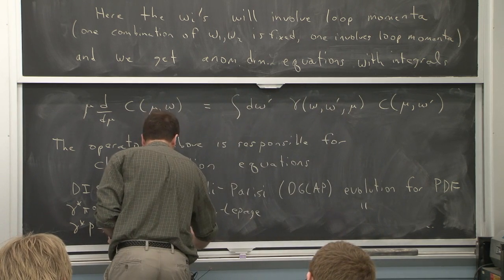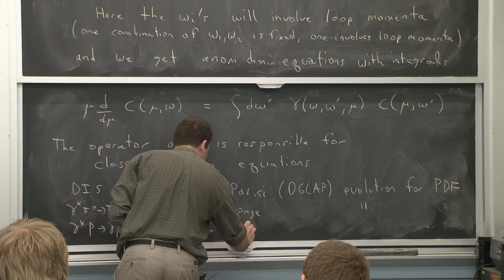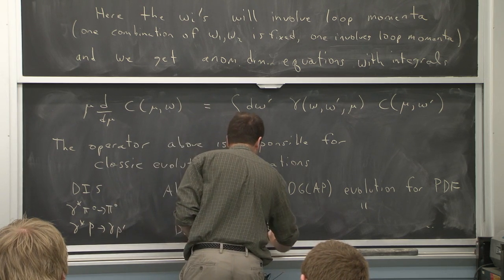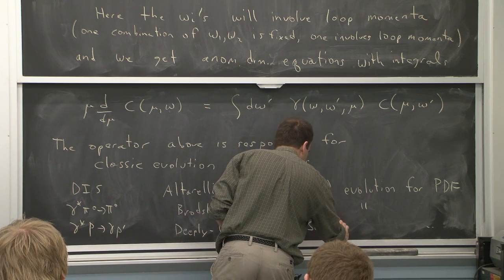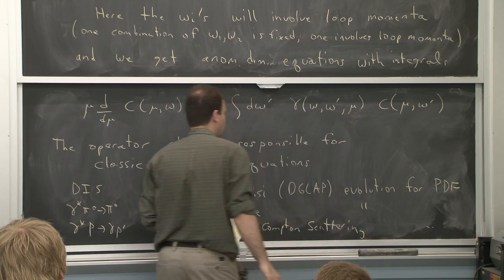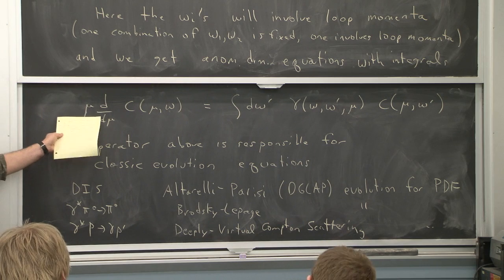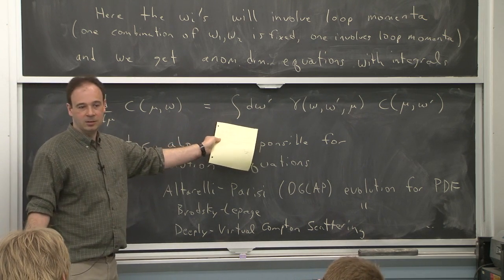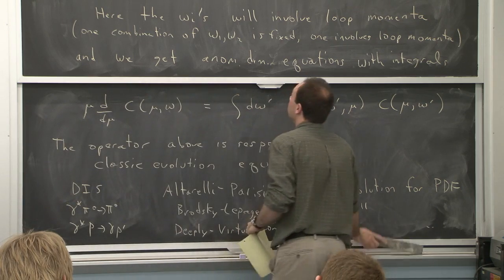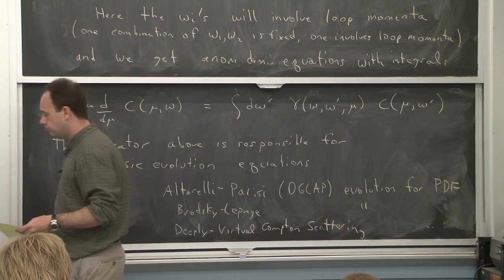And then there's another one that shows up in a process called deeply virtual Compton scattering. OK, so the one that's most familiar is the renormalization of the PDF. And you may remember that the renormalization of the PDF has this form of having an integral. That'll come out of renormalizing this operator. We'll do that case.